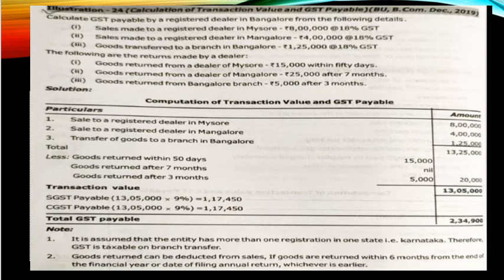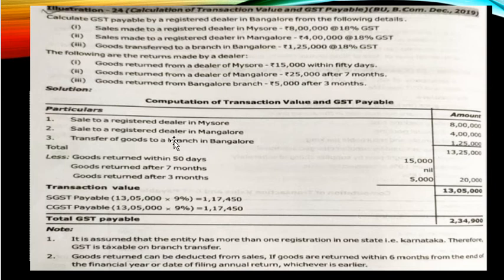So in this problem we will first calculate the transaction value. So computation of transaction value. What is the sales made? The sales is made to 3 different places: to registered dealers in Mysore and Bangalore, and also transferred to a branch in Bangalore.